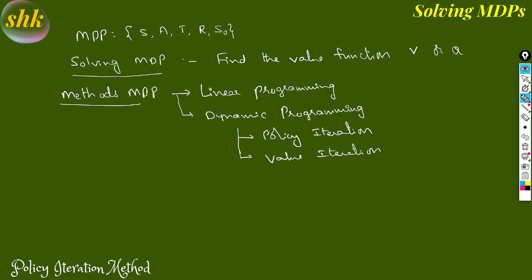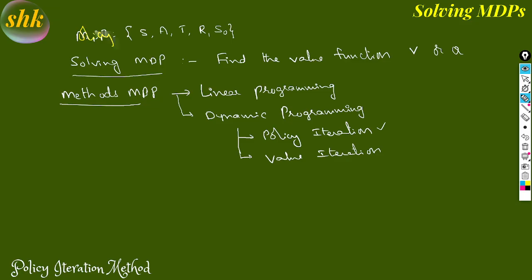So solving an MDP takes place either through policy iteration or value iteration. First we will see policy iteration, then we will discuss value iteration.